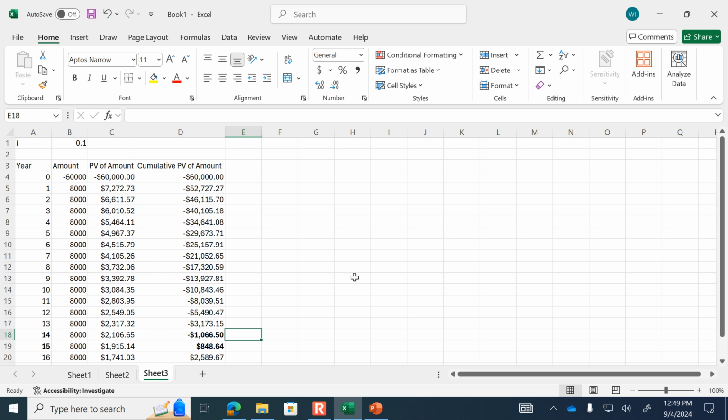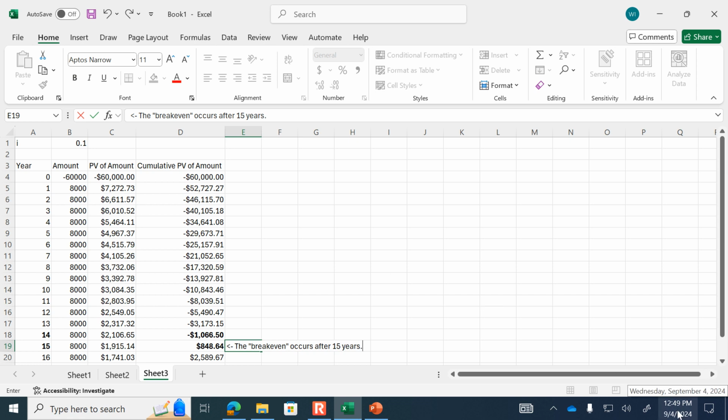We'll do this on lots of occasions this semester. This is the break-even point. So the conclusion that I draw is the break-even occurs after 15 years.